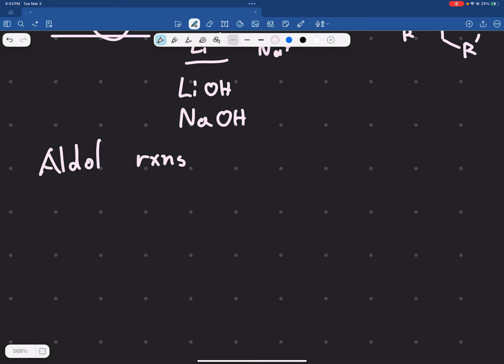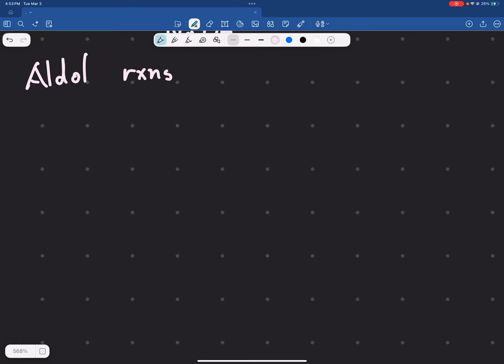So we're going to first go over self-Aldol reactions, which are going to be reactions of a compound reacting with itself. And later we can look a little bit at cross-Aldol reactions, which is two different compounds reacting.